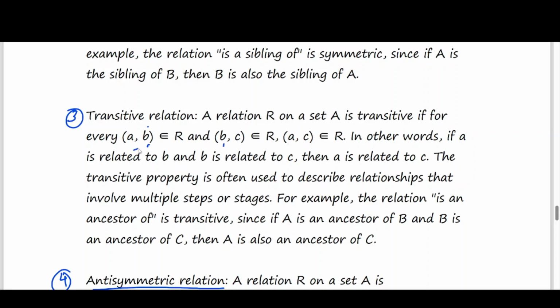If such ordered pairs are present, then A comma C should be present in that relation. Then only that relation is called a transitive relation.